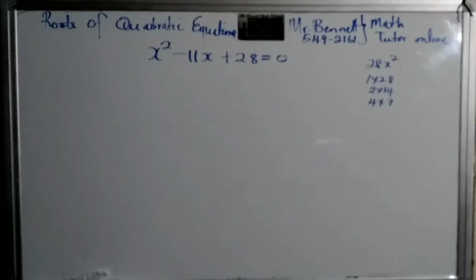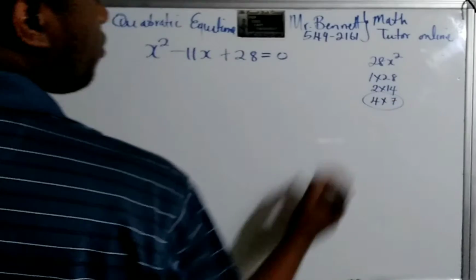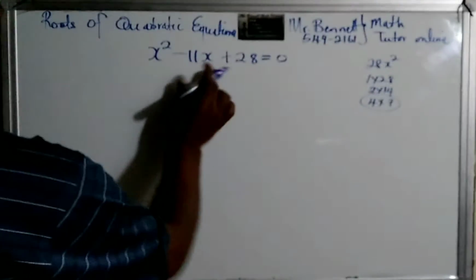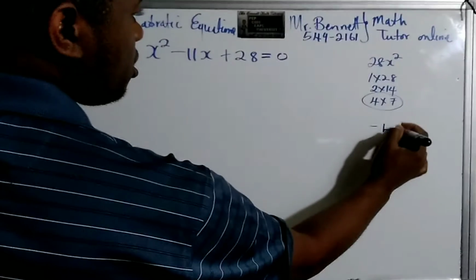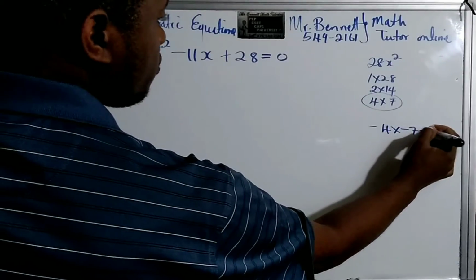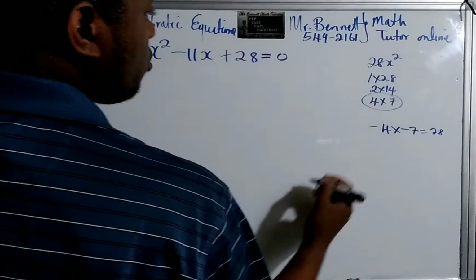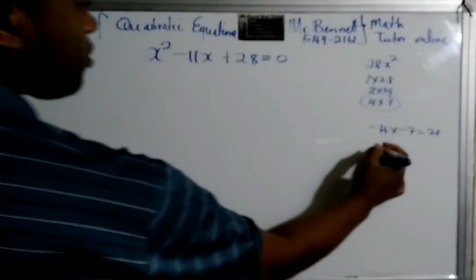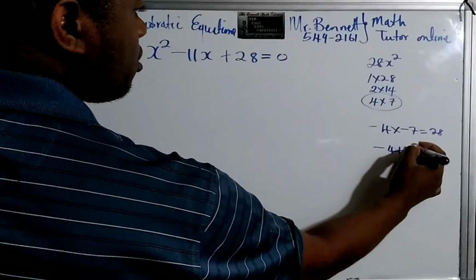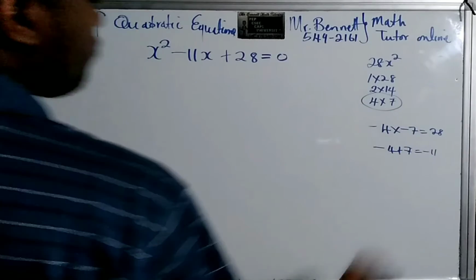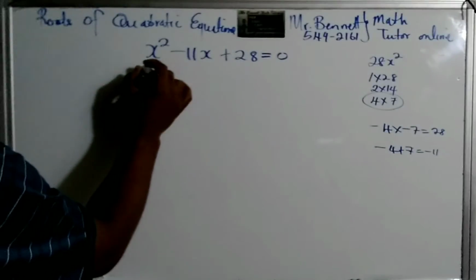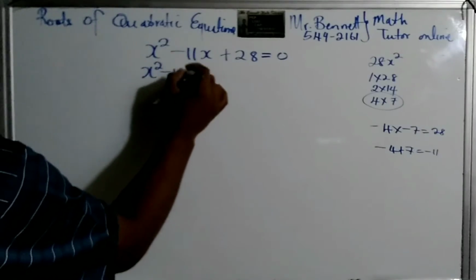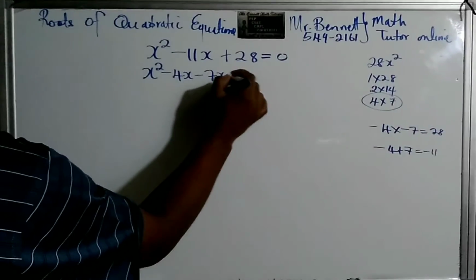Alright, so from these factors we can see that it's 4 and 7. However, we will set it up in a way that when we multiply we get positive 28, so it means that negative 4 times negative 7 can give us positive 28, and when we add them it gives us negative 11. So we're going to replace 11x with 4 and negative 7.